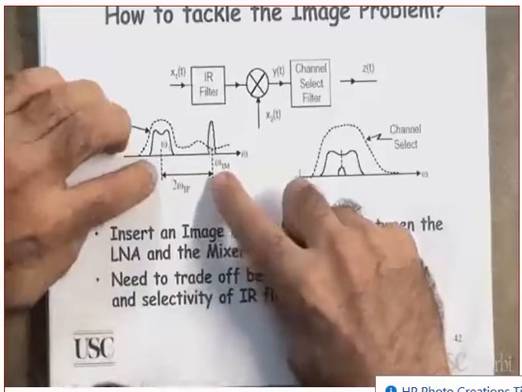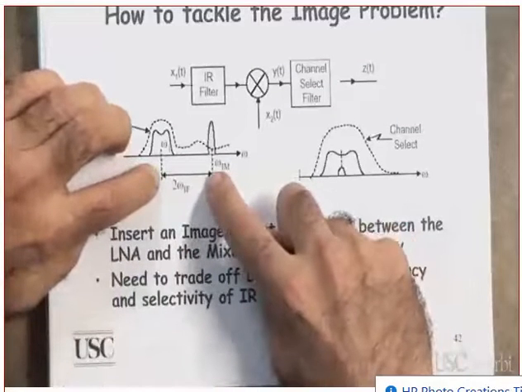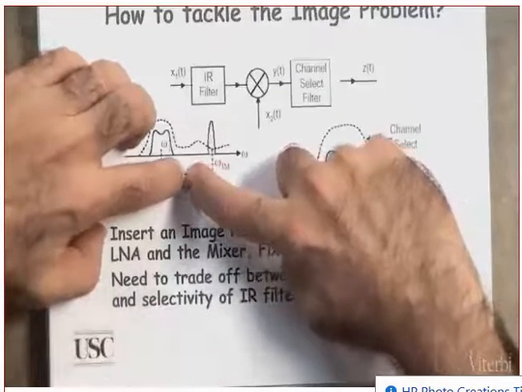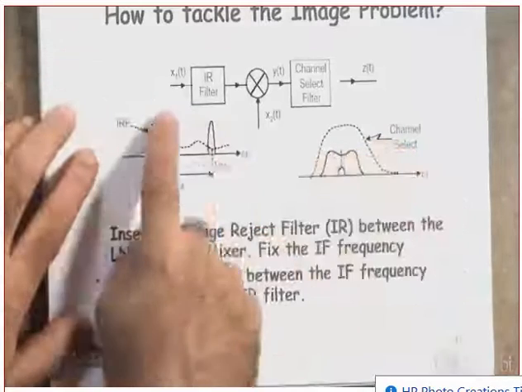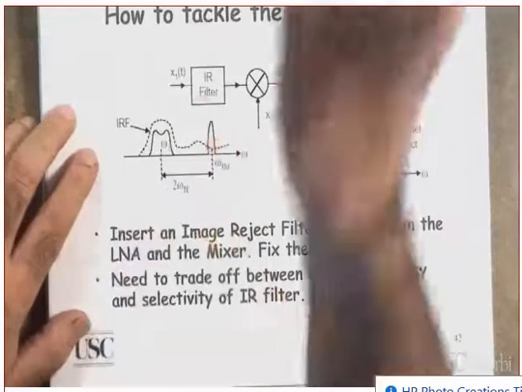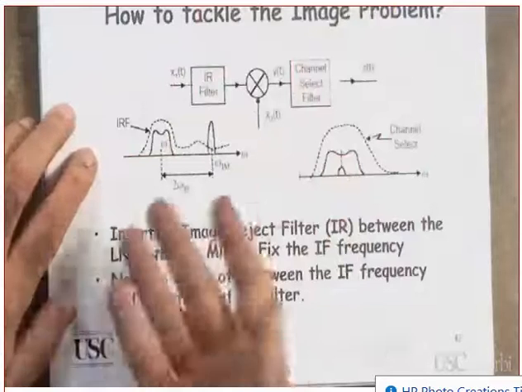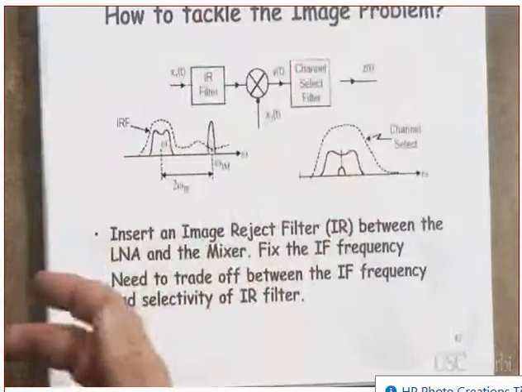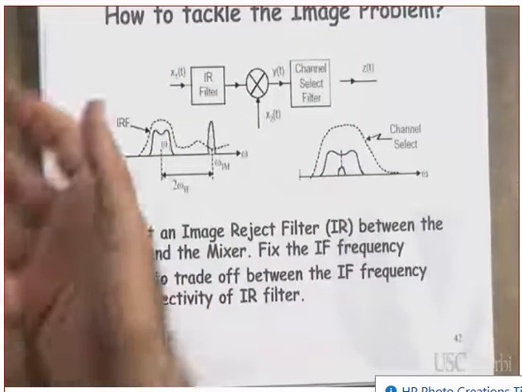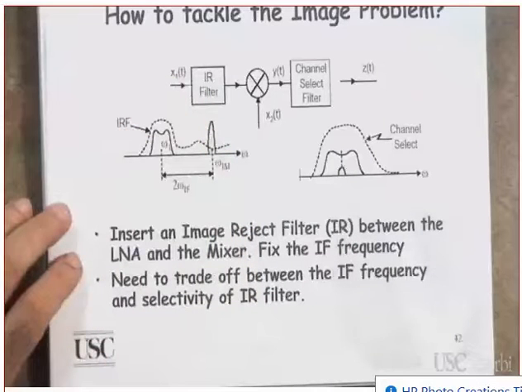If you make omega IF shorter, what do you need? The filter, this filter, which is the image reject filter, needs to be sharper. Are you following? If it is sharper, it means it is more complicated. The Q is higher, but it will get rid of what?